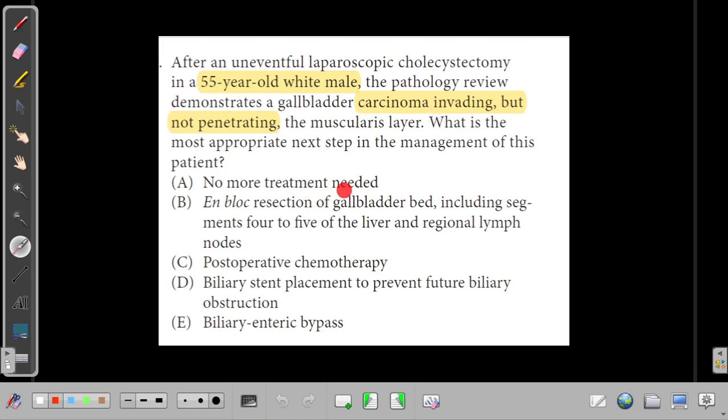No more treatment needed? This is a catastrophe because this means the 5-year survival of your patient will be in the range of 40%.